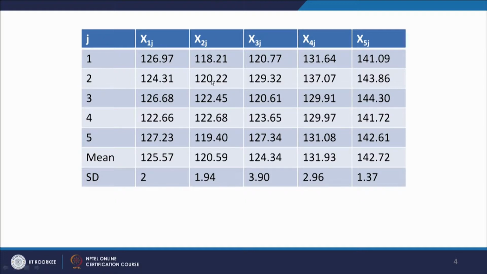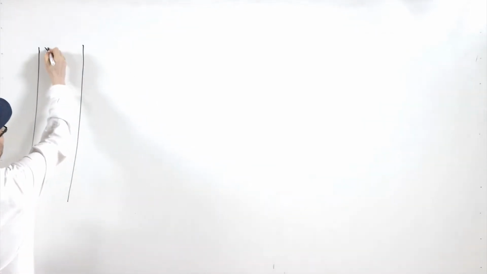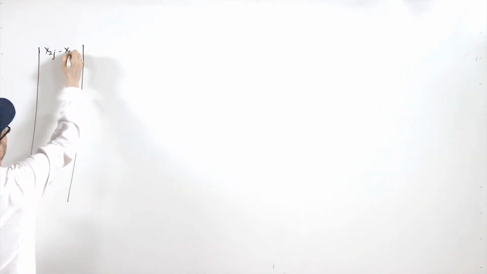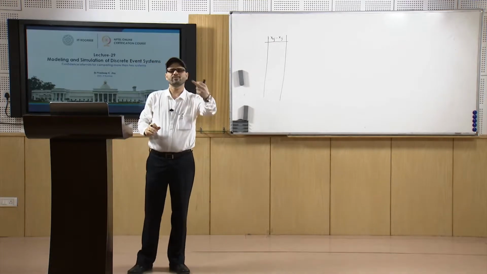Similarly, this will be 120.22 minus 124.31. Once we have that, we can have this table, where we get x2j minus x1j, and that is the parameter for which we have to make the confidence interval.